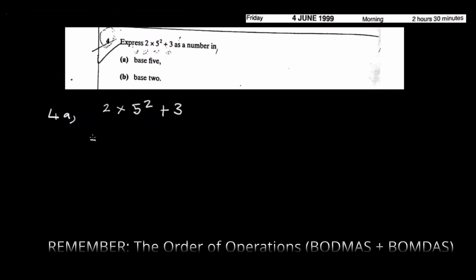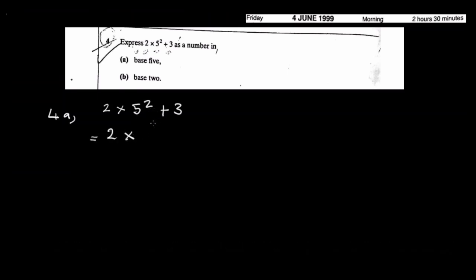Question number 4 reads: express 2 times 5 squared plus 3 as a number in (a) base 5, (b) base 2. So firstly we look at this number, 2 times 5 squared plus 3. We have to solve this expression. 2 times 5 squared is 5 times 5, which is 25, plus 3.